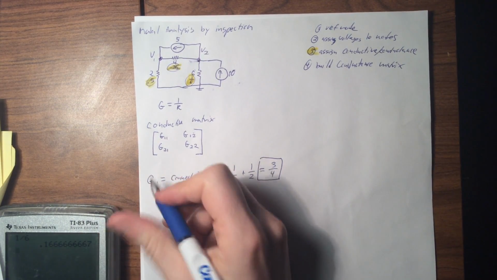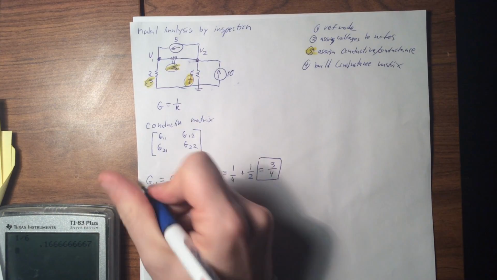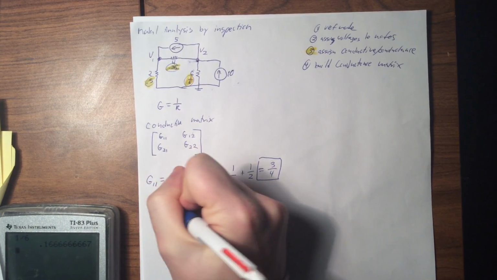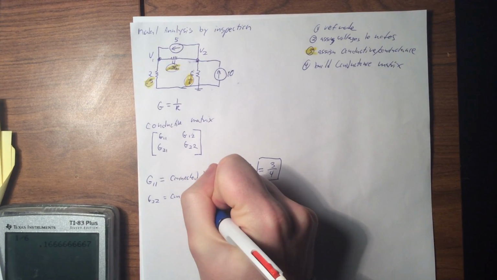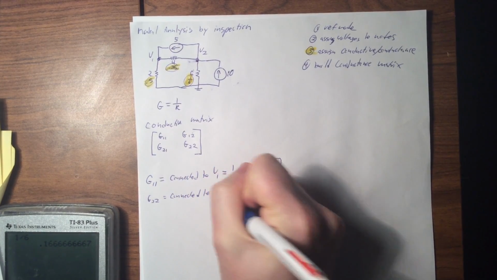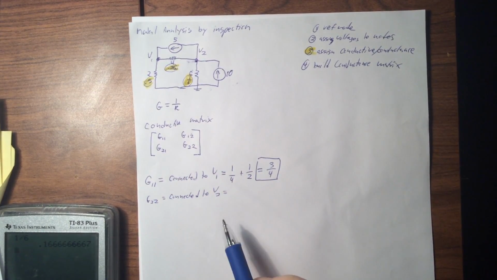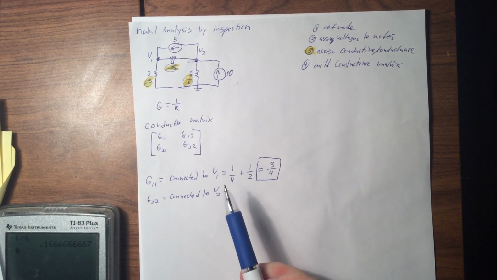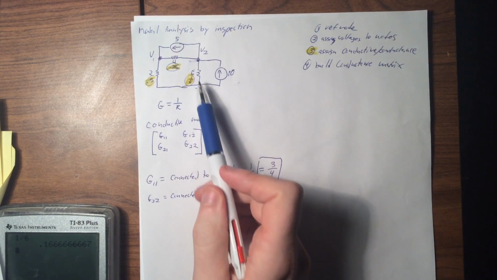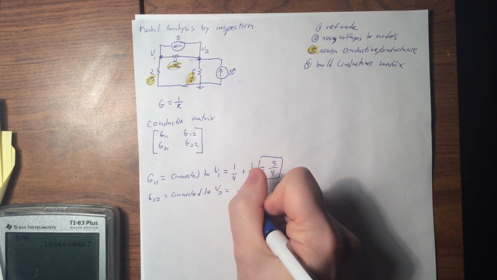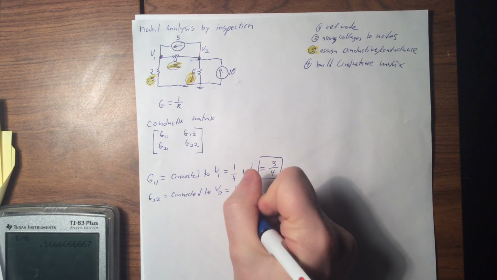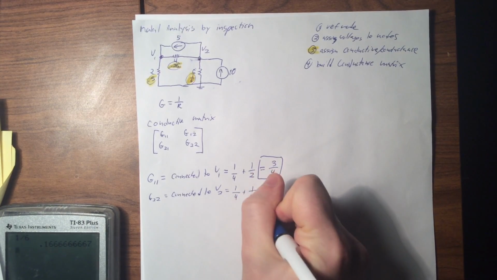All right, so for the next one, G22. G22 equals everything connected to V2. Connected to V2, we've got two different resistors, a 4 and a 6. So we're going to do 1 over 4 plus 1 over 6.